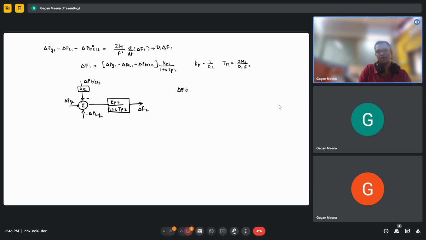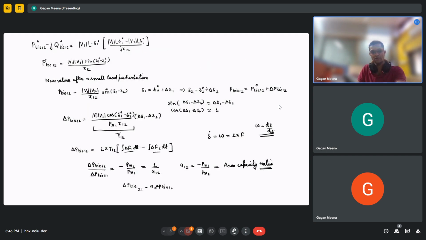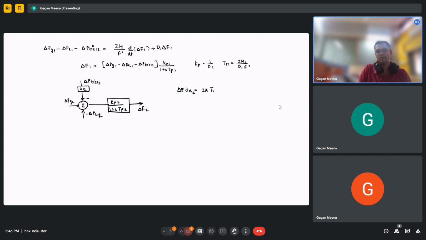And for delta P tie, we found P tie as 2 pi T12 into integral of delta F1 dt minus delta F2 dt. By taking Laplace transform, you can write the integral as 1 by s, so this is delta F1 minus delta F2.